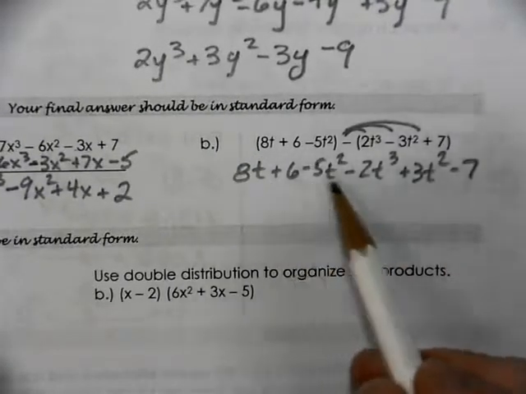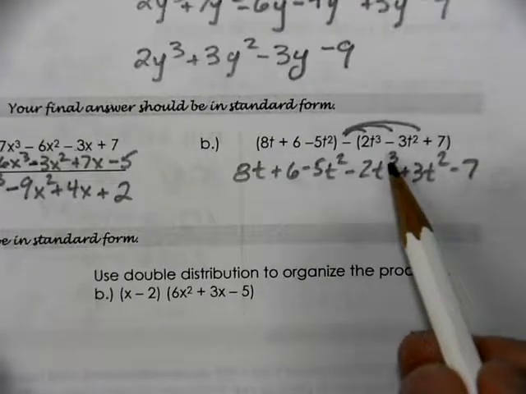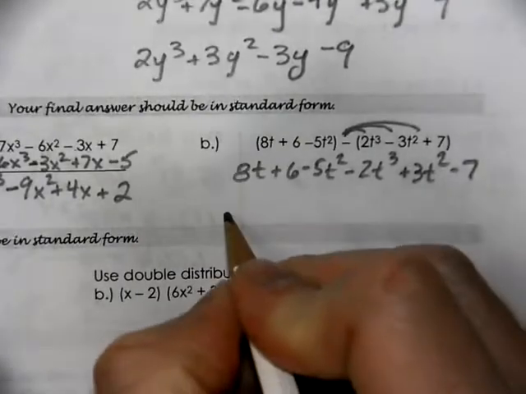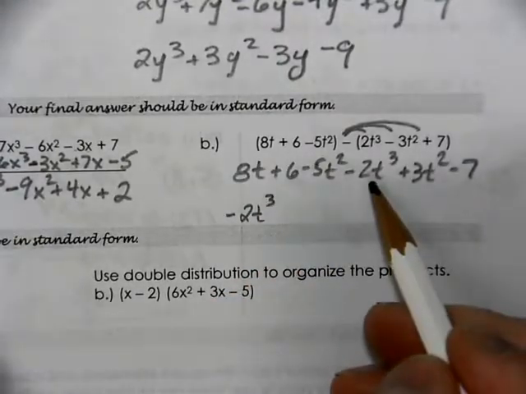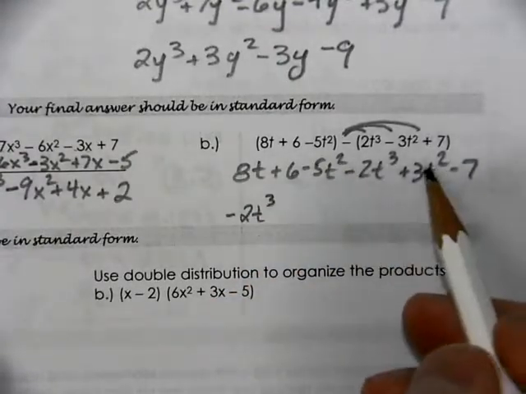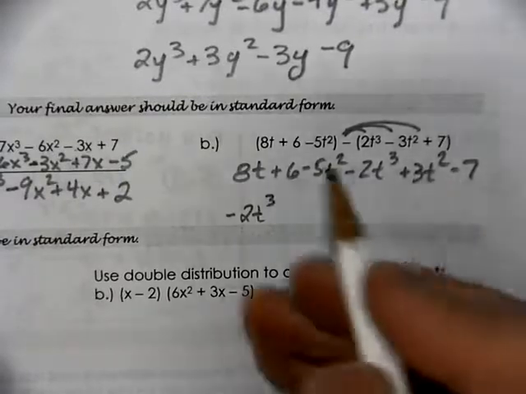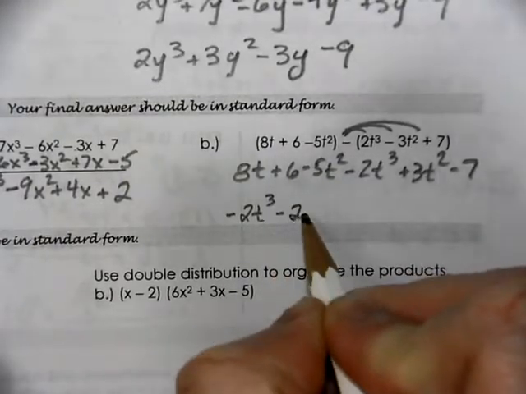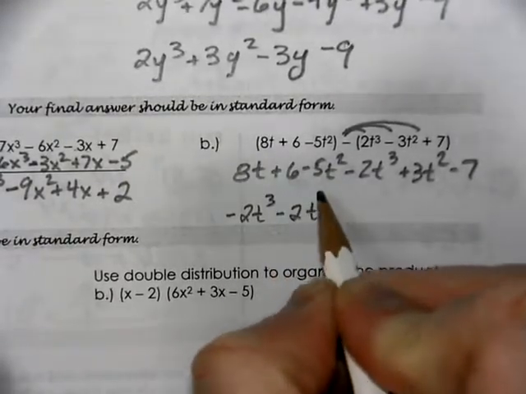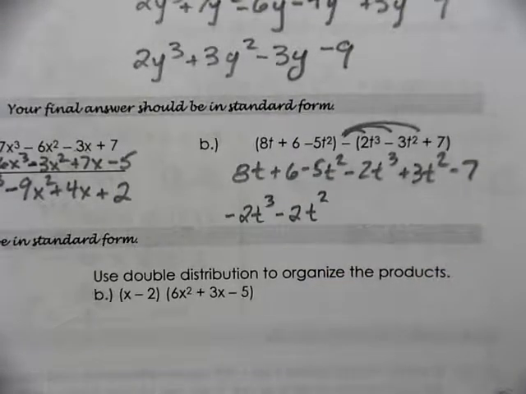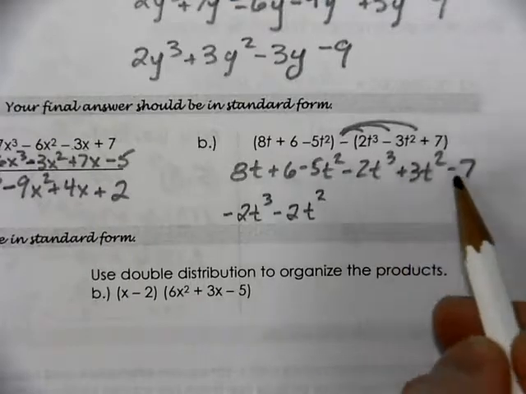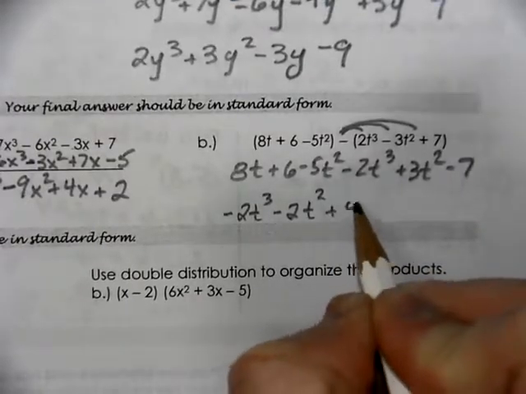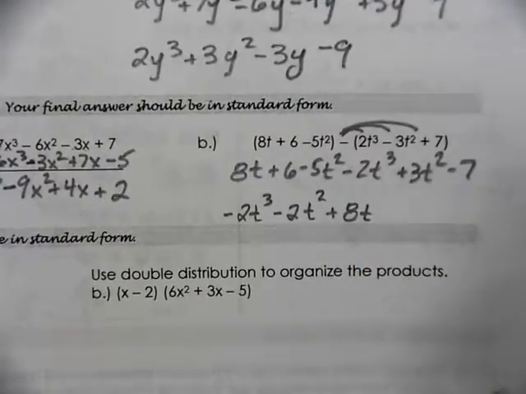You're looking for your largest exponent. Largest exponent's the 3. So we're going to say -2t cubed. Your next largest would be 2's. So you have -5 and +3, so that gives you also a -2. These are t squares. The 8t, and there's no other t's involved, so this is a +8t.